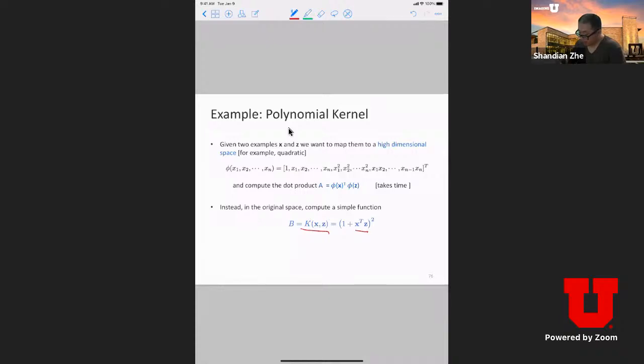You see that the computation of a kernel function still lies in the original feature space, but the result is equivalent to performing explicit feature mapping here and then doing the inner product. The complexity of computing a kernel function is simply O(n). But if we do the explicit feature mapping and do the inner product, it will take O(n squared). So you can see it's a dramatic reduction of the time complexity.